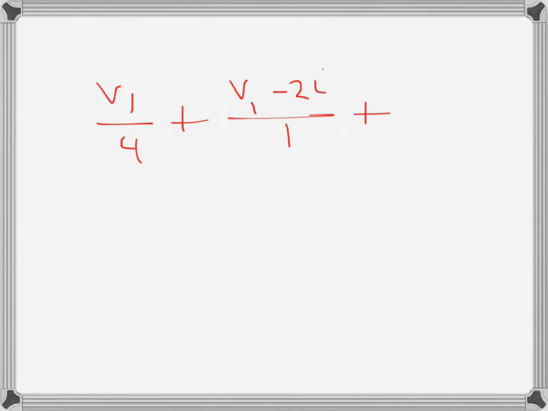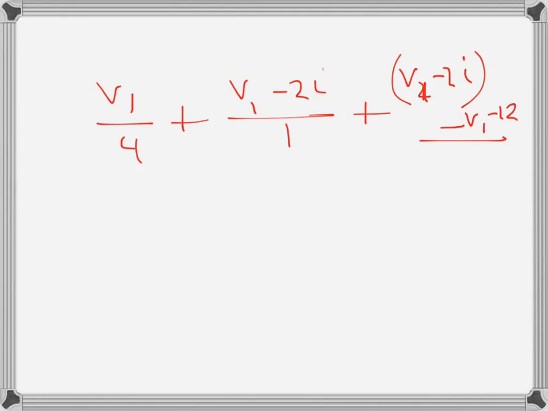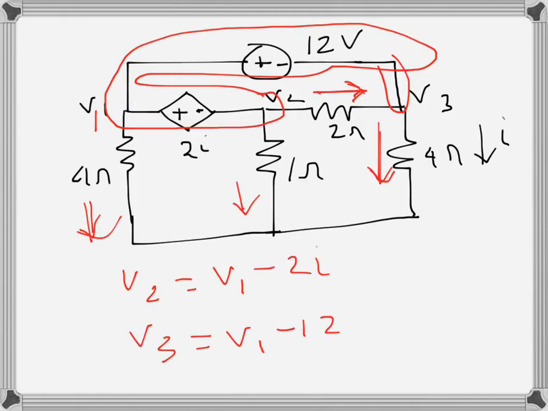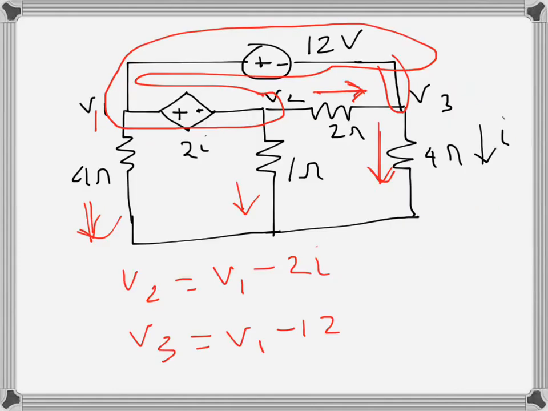V2 is V1 minus 2i, and V3 is V1 minus 12, over 2. Then plus the last one, which is V3 over 4. So V3 is V1 minus 12 over 4, and that's 0. So these are the 4 outgoing currents.